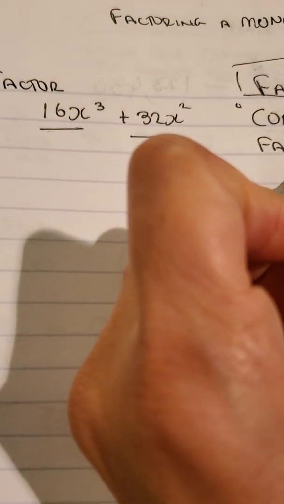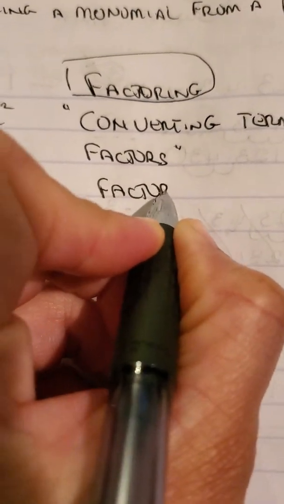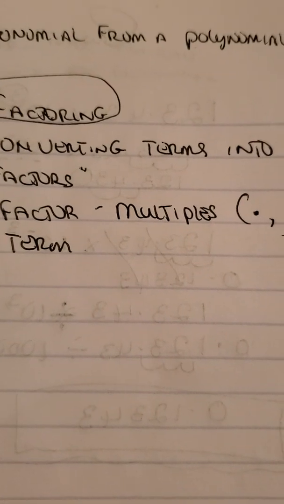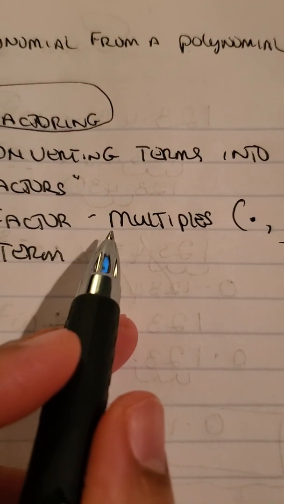Now remember what we said earlier in my lesson, where I differentiated between a factor and a term, and I always stress that. Remember, factors are multiples, and we also identified them with the operation of multiplication and division. They're usually constants or a combination of constants and variables.